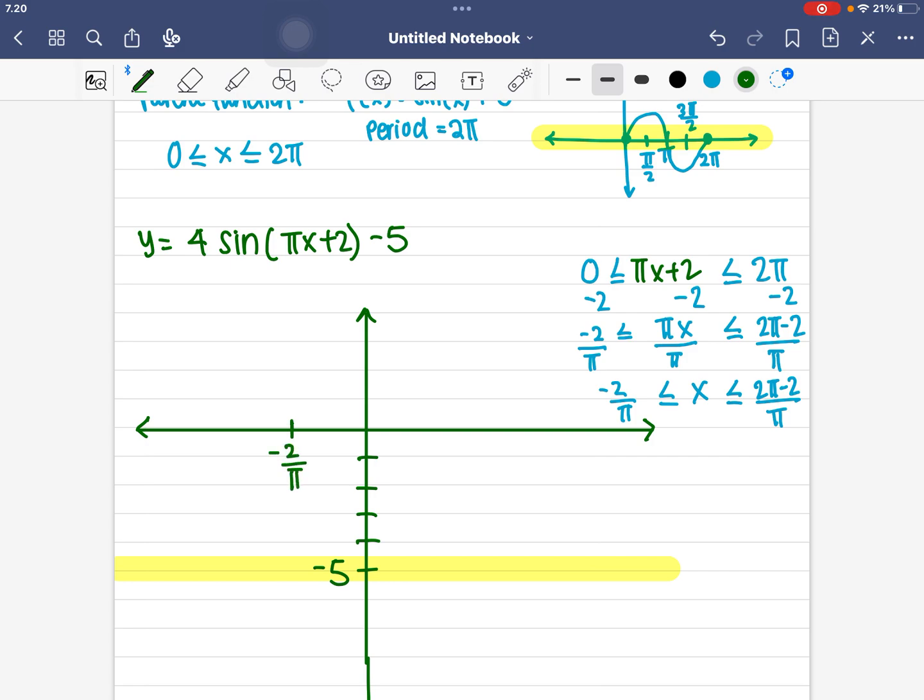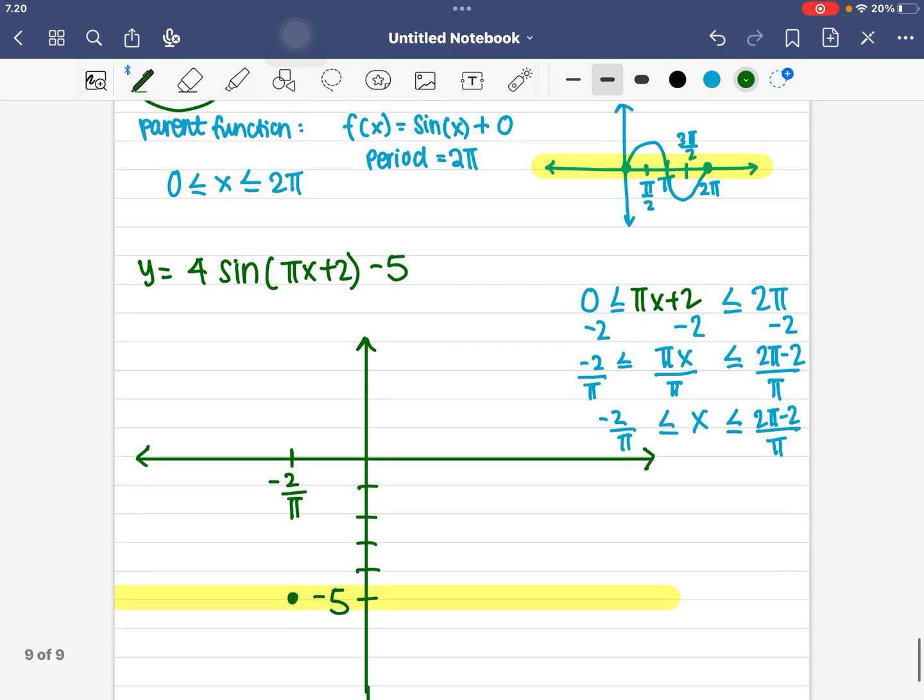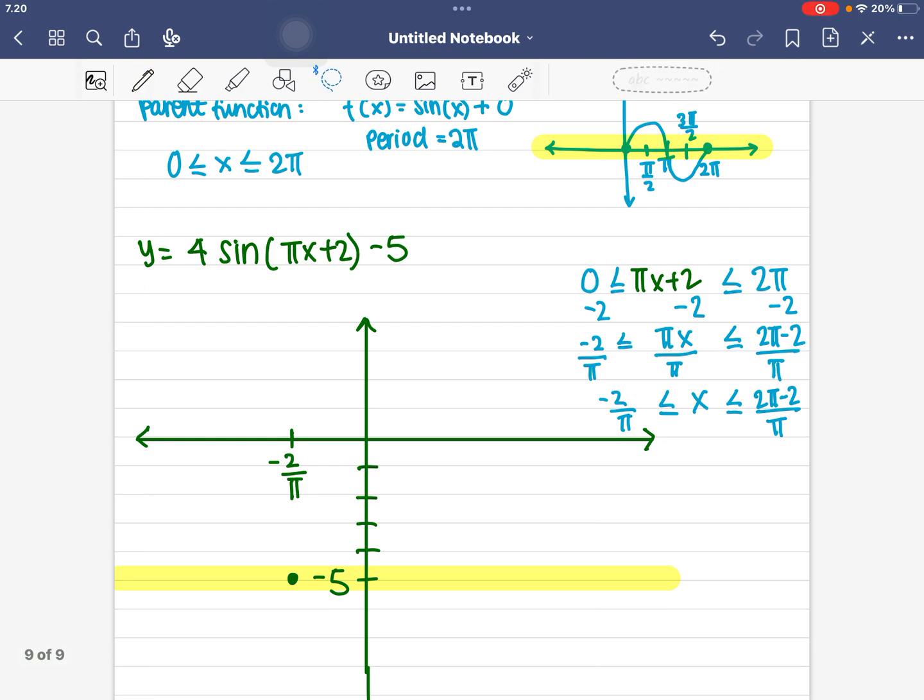Negative 2 over pi. And remember, the endpoint is on that yellow midline, right? So I can expect that negative 2 over pi, even without working it out and putting it back into this function here, is on that yellow line, okay? So that means this here, 2 pi minus 2 over pi, that's the other end of the cycle.